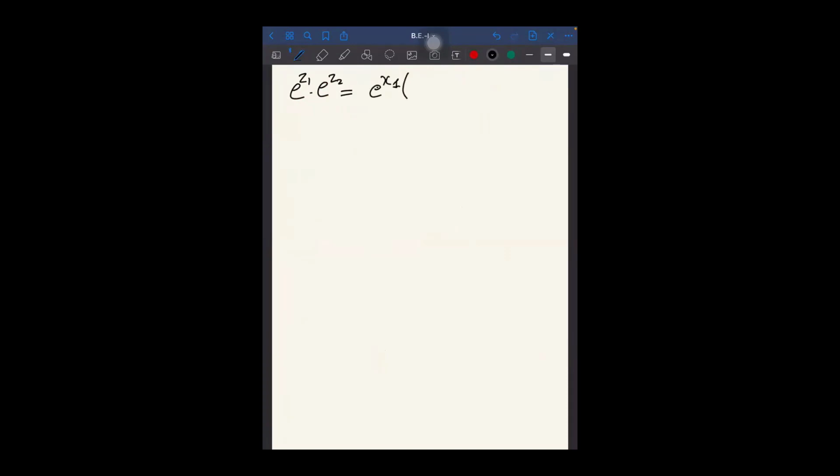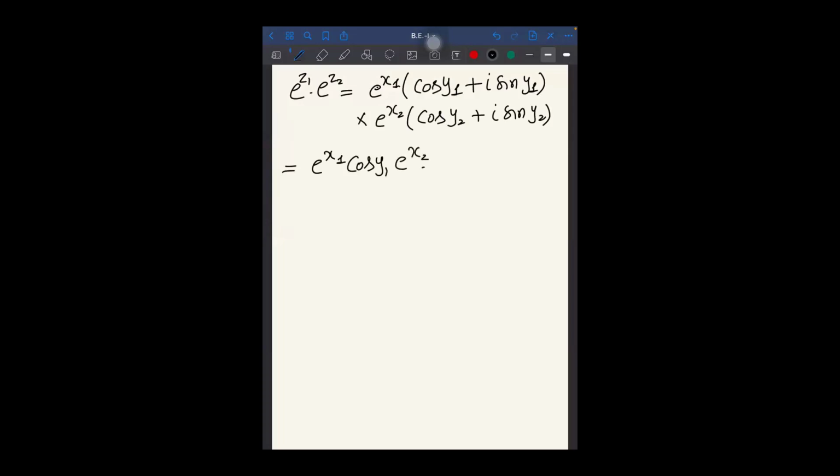This is the definition. So if z1 is there, we'll write it as e^{x1}(cos y1 plus iota sin y1), the expression for e^{z1}, and similarly for e^{z2}. If you take the product of these two, what do you get? Let me write it in a proper way.